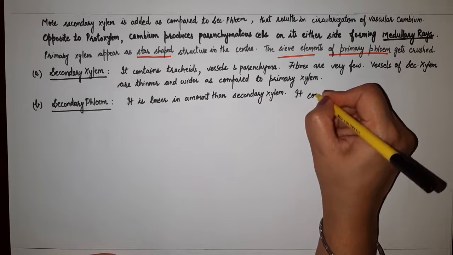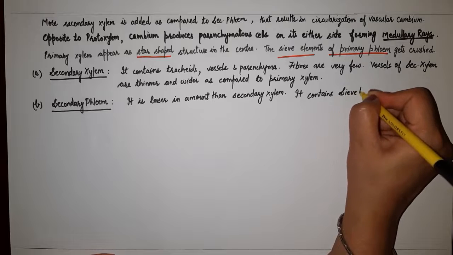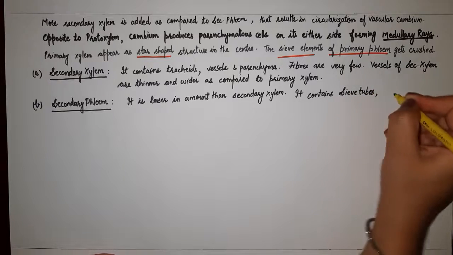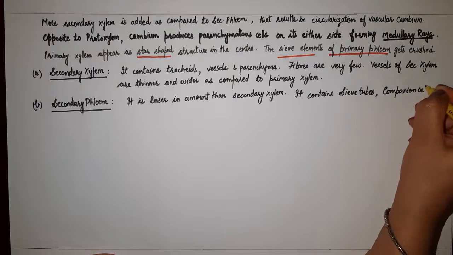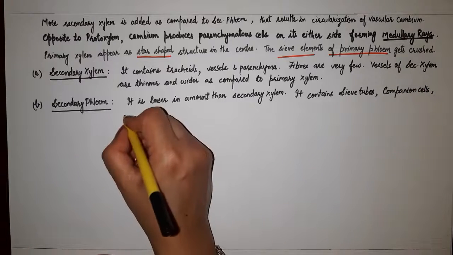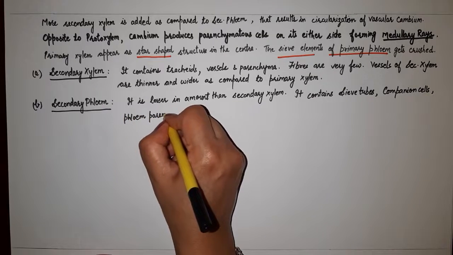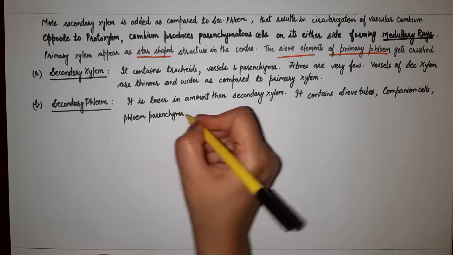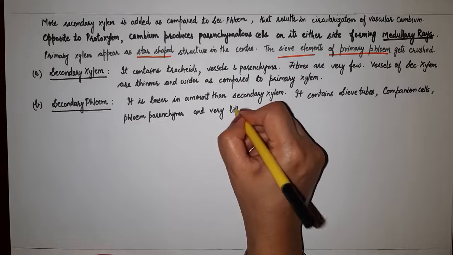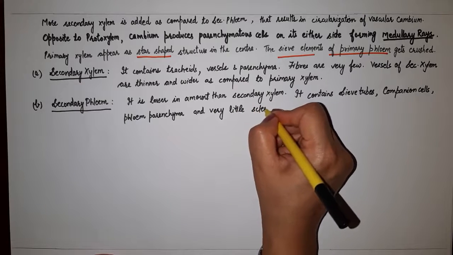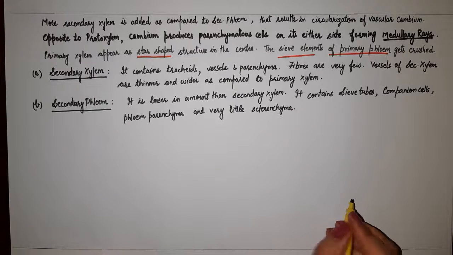It contains sieve tubes, companion cells, phloem parenchyma, and very little sclerenchyma. Sclerenchyma is in the form of fibers.